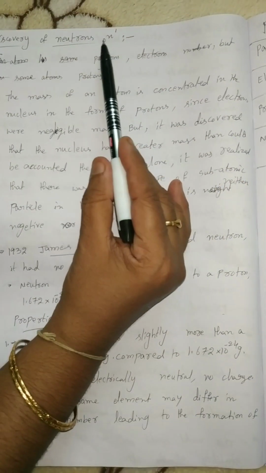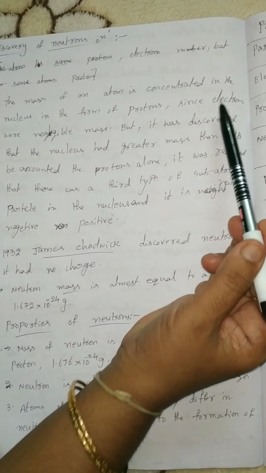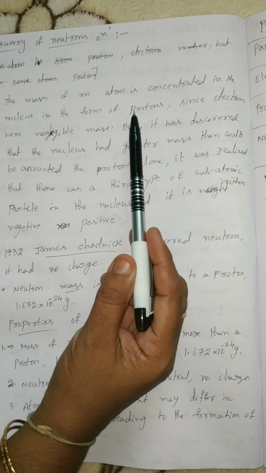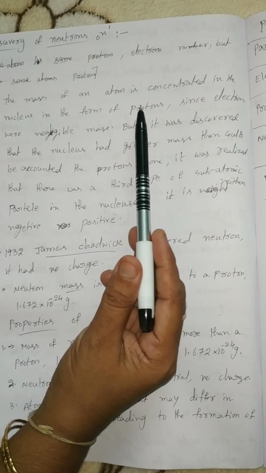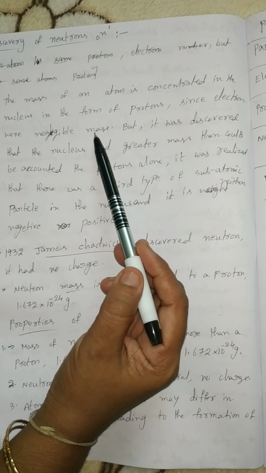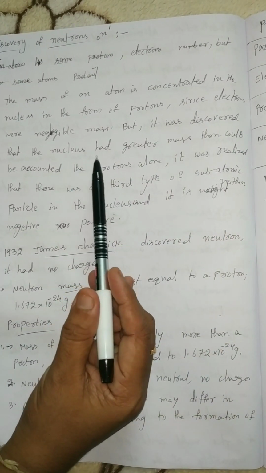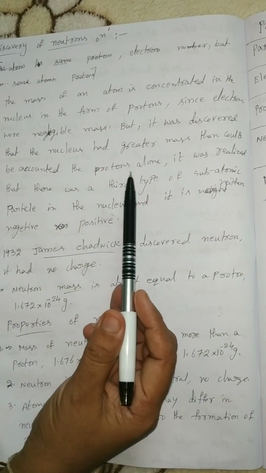Discovery of neutrons. The mass of an atom is concentrated in the nucleus in the form of protons, since electrons were negligible mass. So protons are the mass concentrated in the nucleus, but in comparison to the protons, the electrons' mass is negligible. But it was discovered that the nucleus had greater mass than could be accounted for by the protons alone.